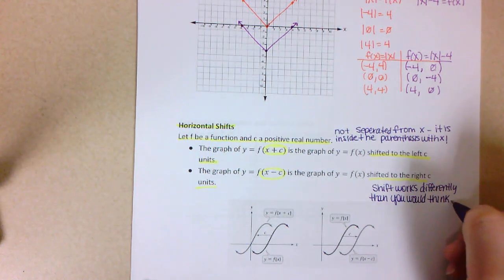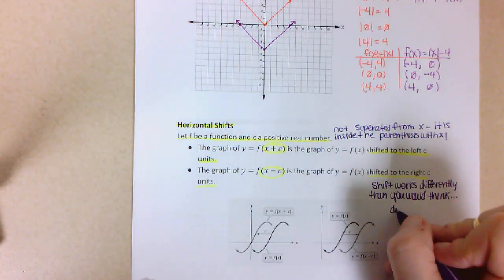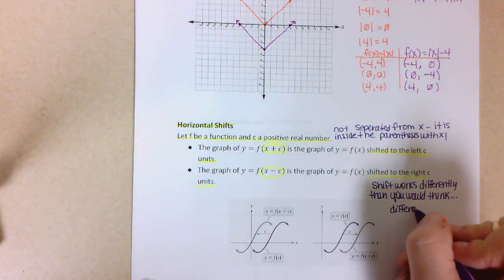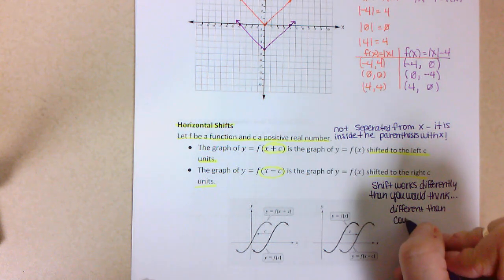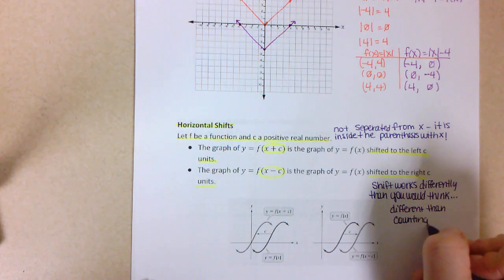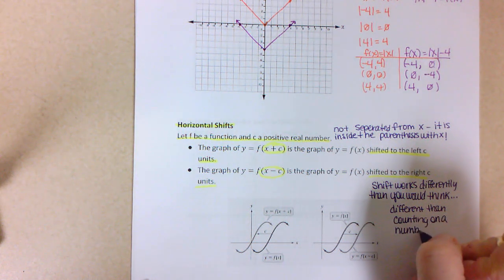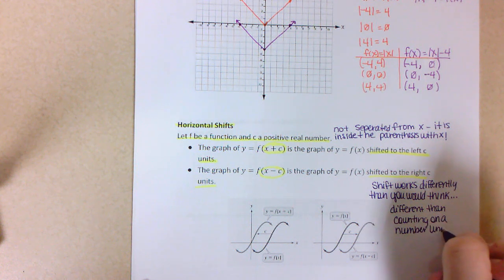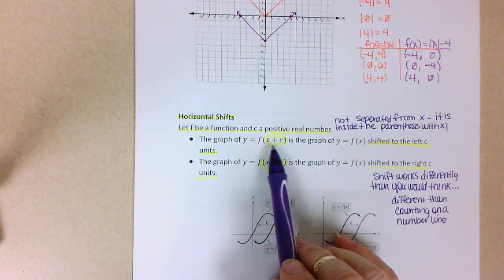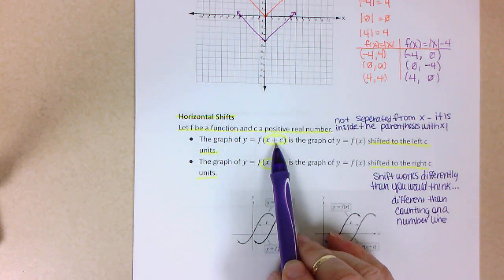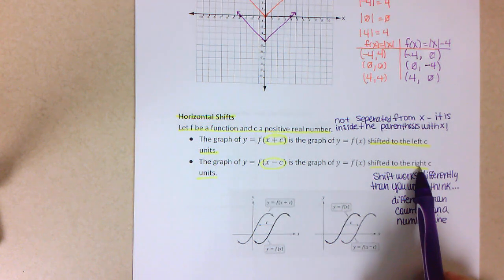So it's different than counting on a number line, okay? So just like with horizontal shifts, when it's inside the parentheses with x, you always do the opposite. If this says plus, you go to the left. If this says minus, you go to the right. Okay?